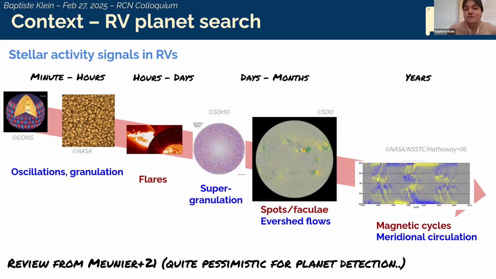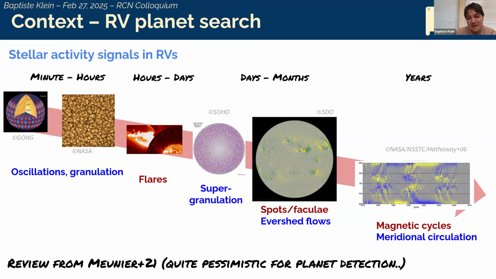Okay, a brief reminder of the different signals that we are seeing that are due to the star itself. In blue, I write what could be linked to photospheric flow. So we have oscillation, granulation, also supergranulation that we still don't really understand, and there is a lot of work going on at the moment to try to characterize it and maybe filter it if we can.